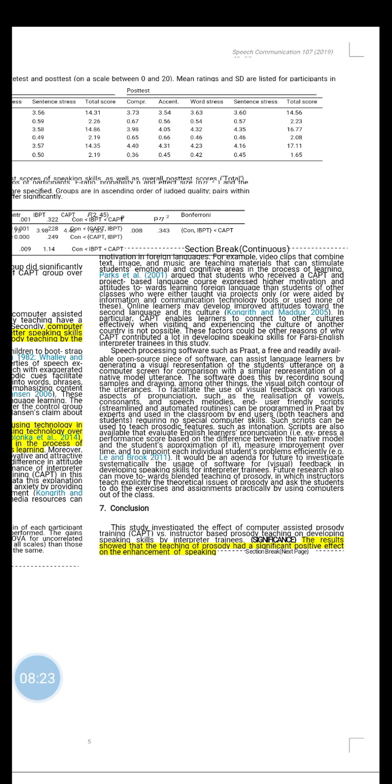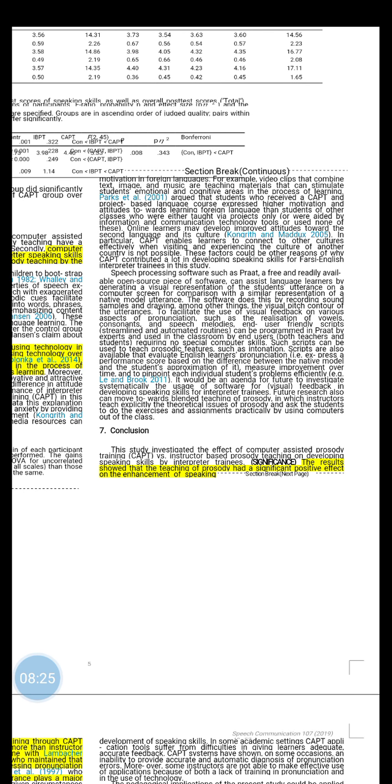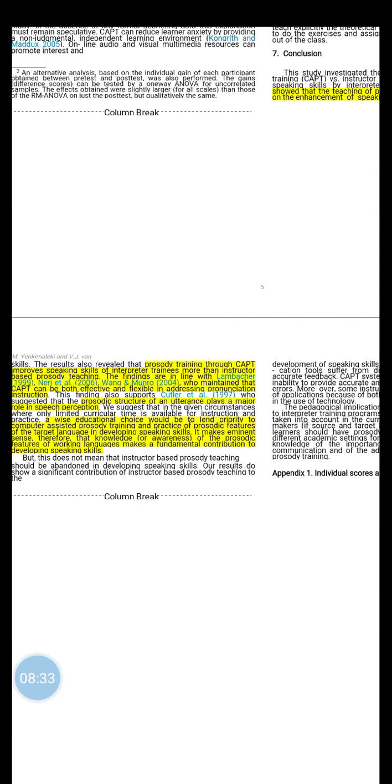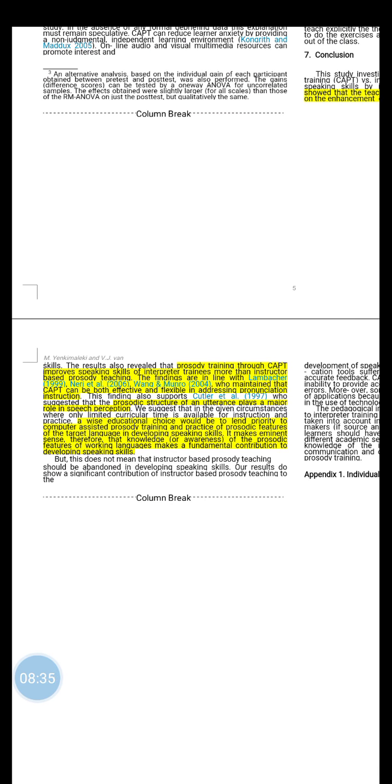And the significance, last but not least, is that this shows that computer assisted prosody teaching had a significant positive effect on the enhancement of speaking. And this was similar to previous research that CAPT can be both effective and flexible in addressing pronunciation instruction.